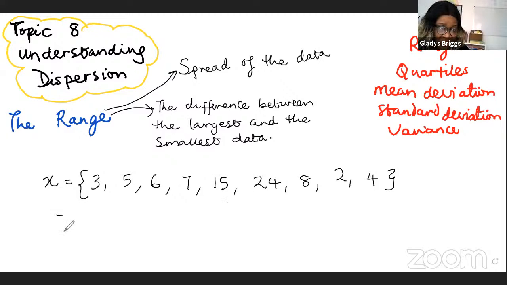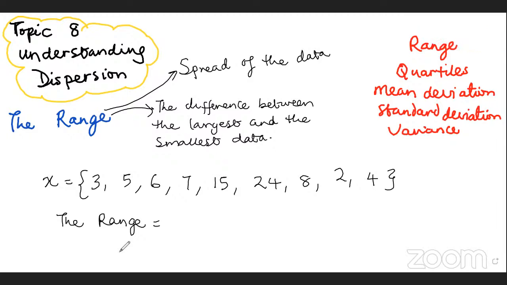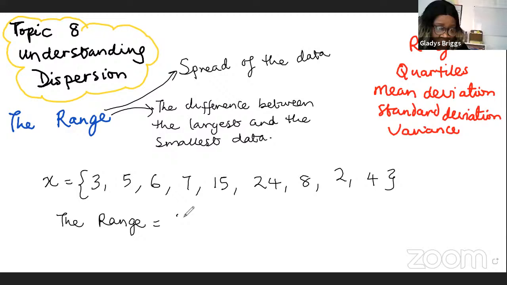What is the range going to be then? 22. Yes, it will be 24 minus 2, the highest minus the lowest.